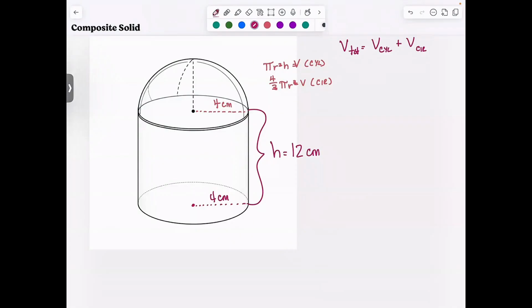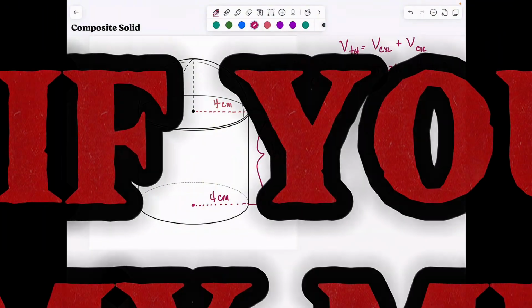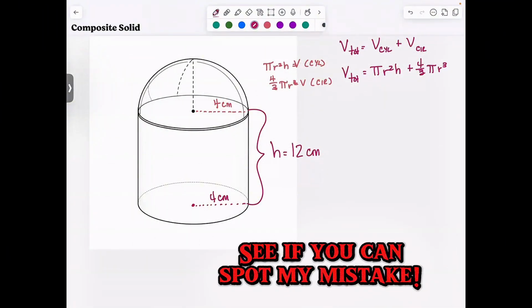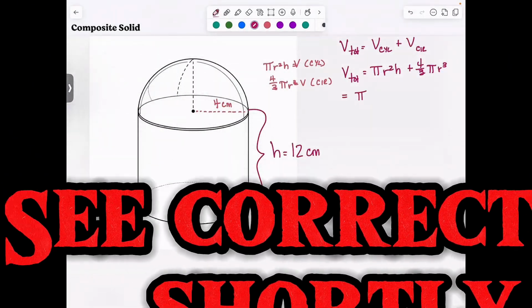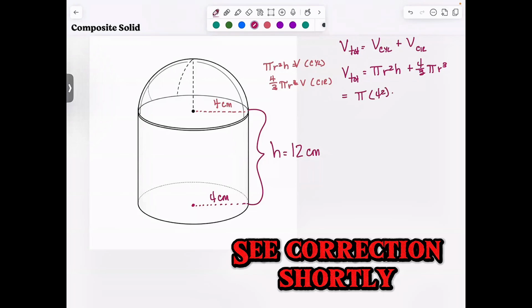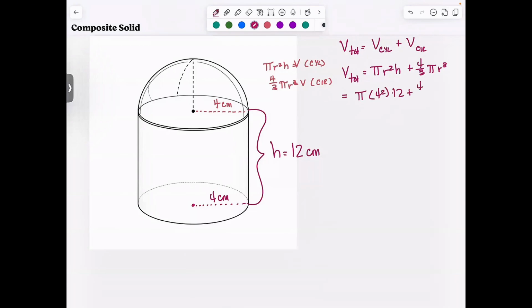So volume total equals pi r squared h plus 4/3 pi r cubed. I would go ahead and plug in radius and height into each one, and we'll leave it in terms of pi. We won't multiply it out. So for our grand total, we'll have pi times 4 squared times 12 plus 4/3 pi 4 cubed. Okay, we're probably going to have a fraction here.